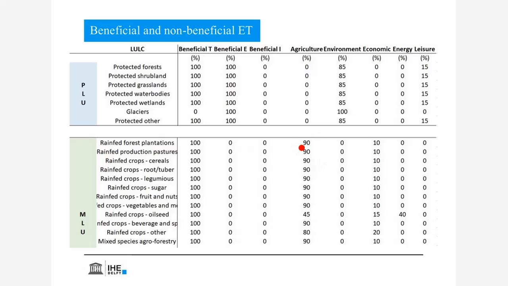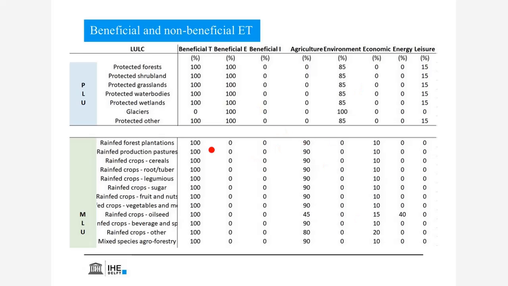And the benefit is mostly for agriculture, a little bit for economy. And in some cases you have, for oil seeds, depending on the application, could also be for energy production. These tables are in the software and can be modified.